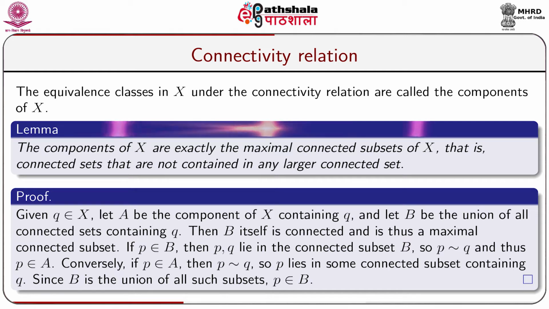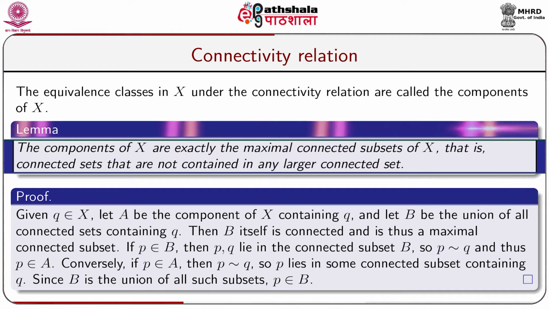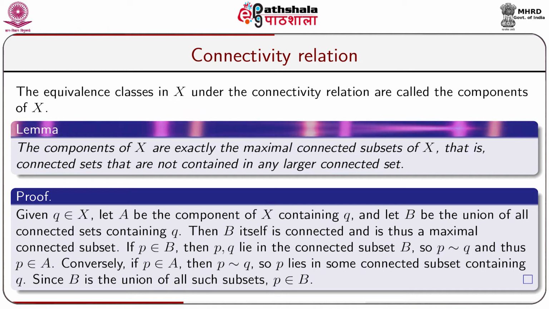Let us come to the following lemma. For a topological space X, the components are exactly the maximal connected subsets of X, that is, connected sets that are not contained in any larger connected set. Proof.